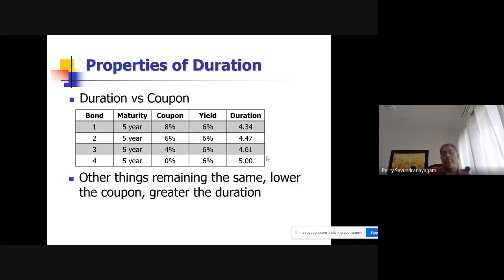So assume all the bonds are trading in the market at the same market yield. The yield is based on market levels, but each one has a different coupon. Now tell me, looking at these scenarios, we can see that the higher coupon bond has a lower duration and the zero coupon bond has a higher duration. You all agree with that?